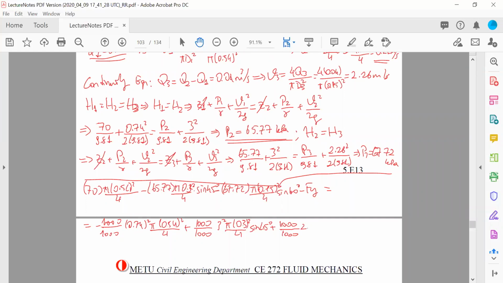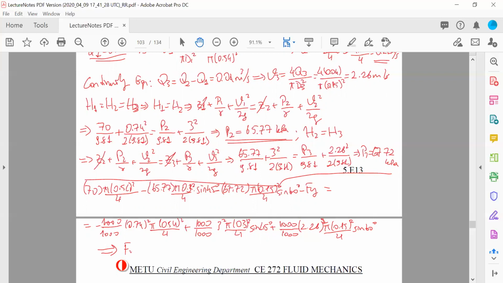V3 is this, pi 0.15 square over 4 sine 60. And as you see, this is the final form of the equation, and the only unknown is Fy.